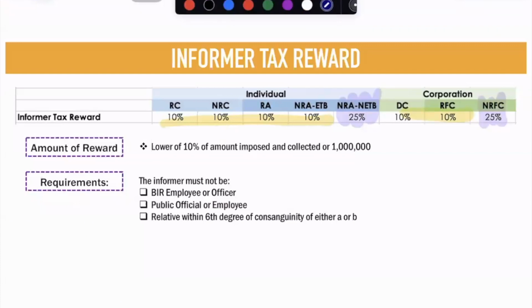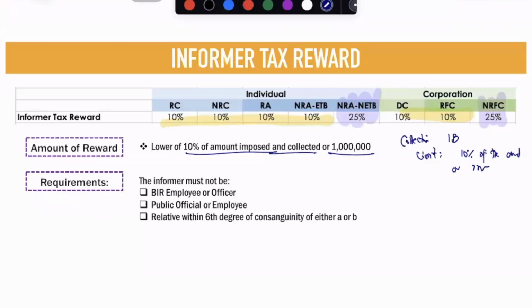The amount of the reward is the lower of 10% of the amount imposed and collected or 1 million. So for example, your total collection is 1 billion. So the limit of our reward is 10% of that amount or 1 million pesos.